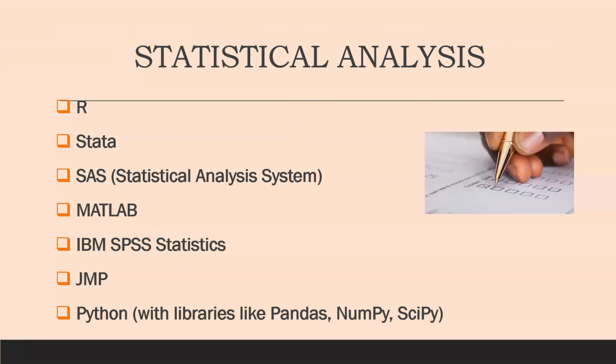All right, so there are several software options that exist for statistical analysis in social science research, which offer diverse features and functionalities. Now, the most notable one that I mentioned to you earlier is SPSS. Here you see one that's called R, you have STATA, you have SAS, which is Statistical Analysis System, you have MATLAB, IBM SPSS Statistics, JMP, you have Python.